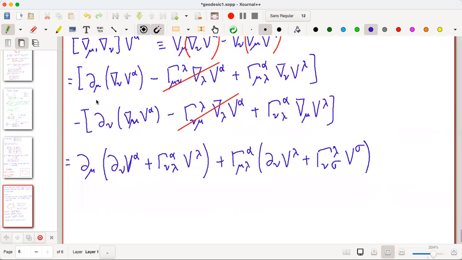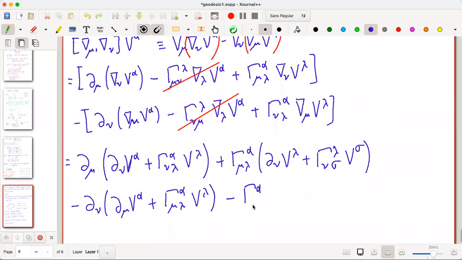Okay, minus this one, minus partial nu of partial mu of v alpha plus gamma alpha mu lambda v lambda. This minus as well: gamma alpha nu lambda times partial mu v lambda plus gamma lambda mu sigma v sigma.